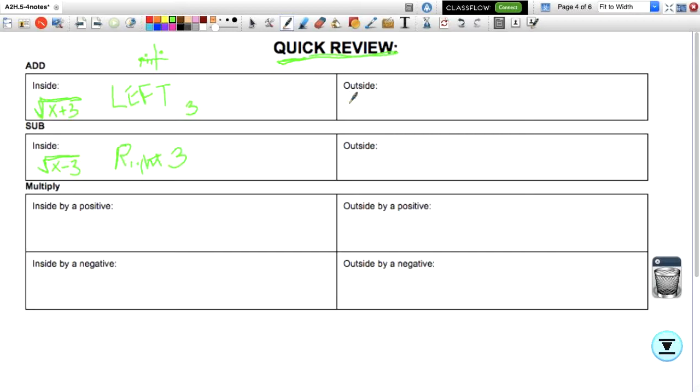Now, when we add or subtract on the outside, so if we have the square root of x and we add or subtract on the outside, this is going to be a vertical translation. This is your k value, and it's going to be exactly what it looks like. So if you're adding on the outside, that's going to be a shift up. If you're subtracting on the outside, it's going to be a shift down.